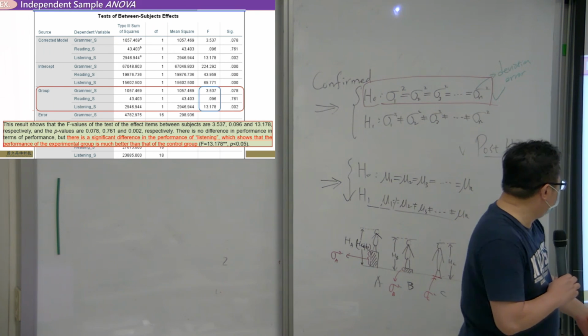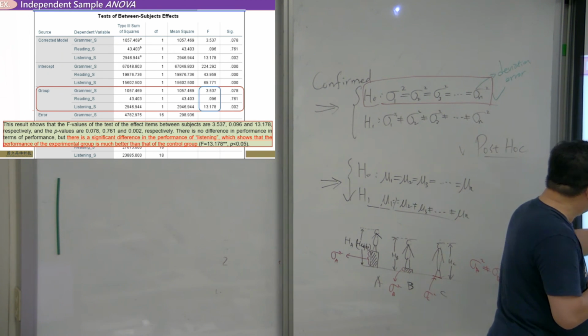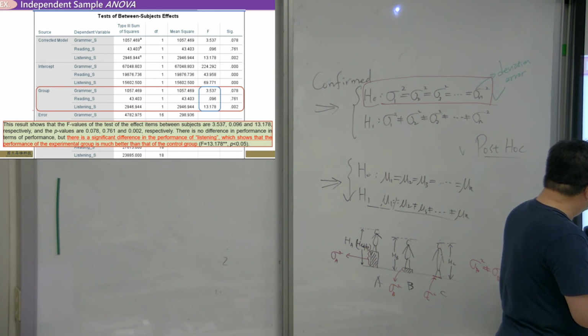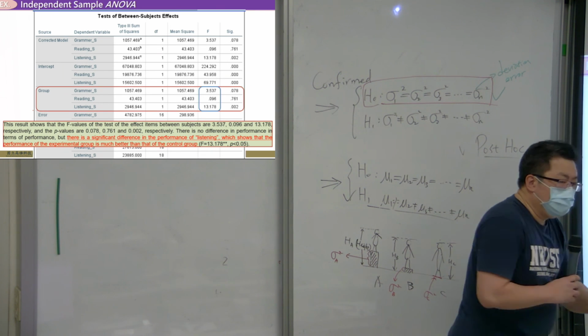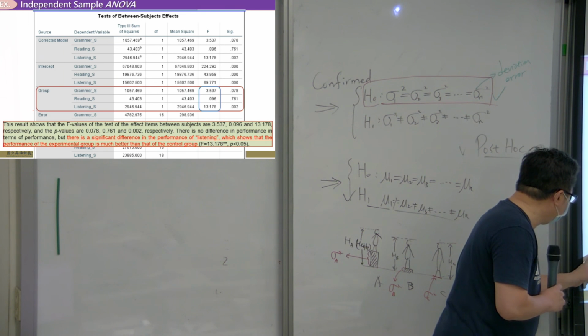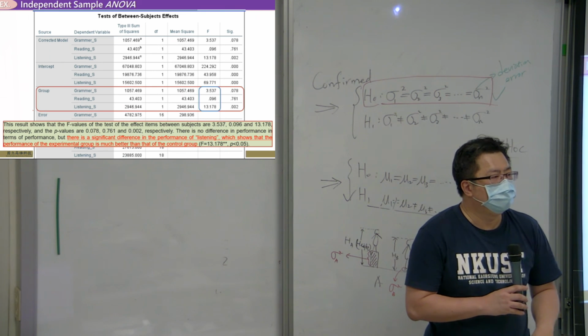For example, the result showed the F values of the test effect between the subjects are 3.57, 53.006, and another, respectively. In papers, we use this very much, respectively.